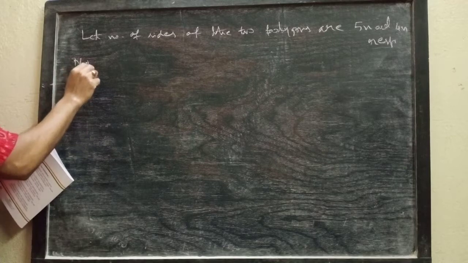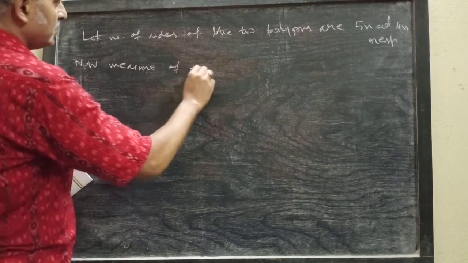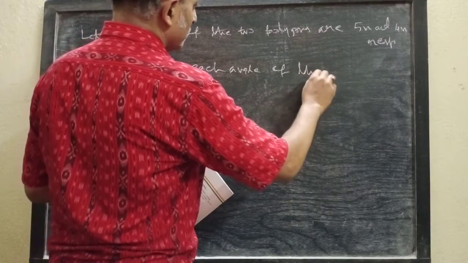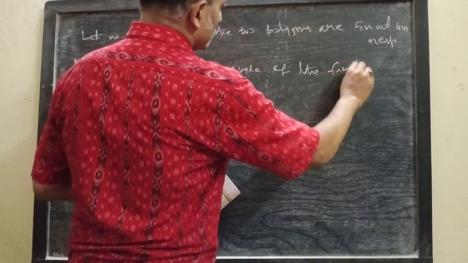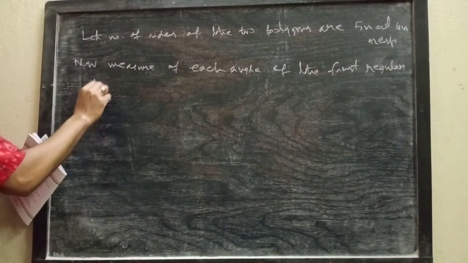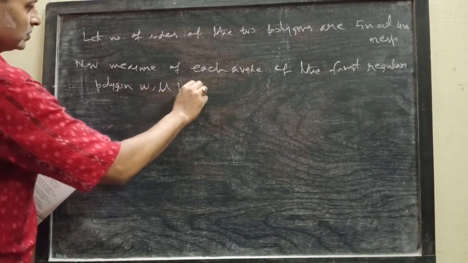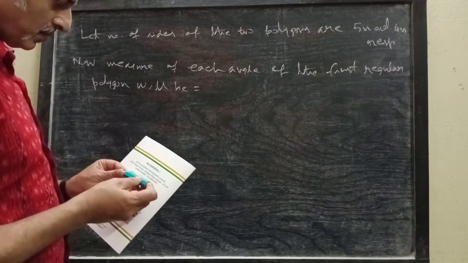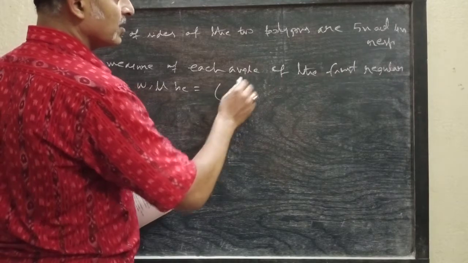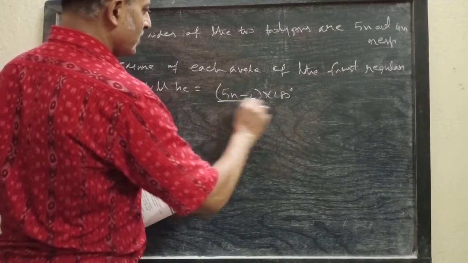Now, the measure of each angle of the first regular polygon: the sum of the angles, with number of sides 5n, is (5n minus 2) into 180 degrees, divided by the number of sides.